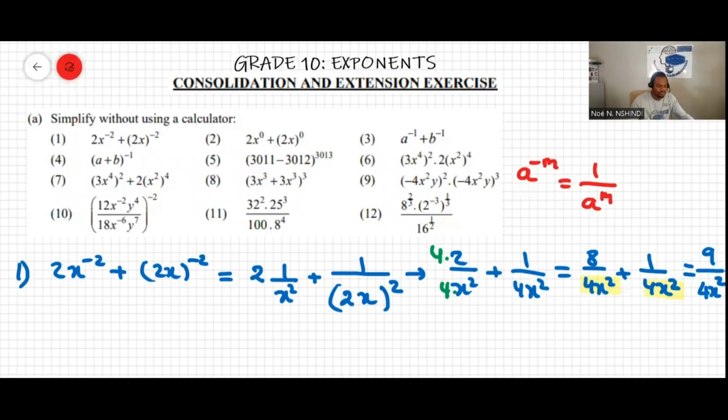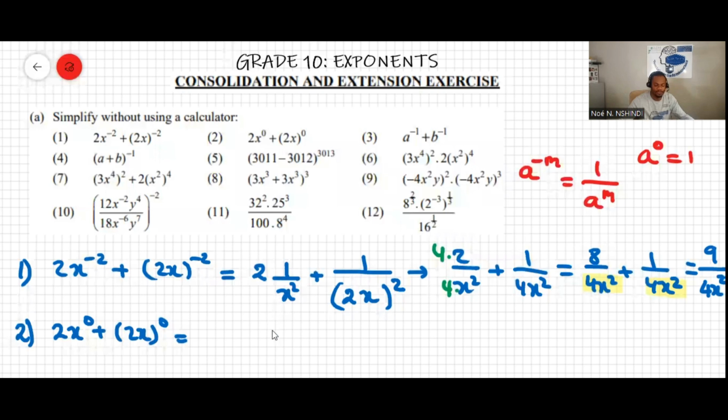Now we can do question 2. The question says 2 times x to the power of 0 plus (2x) to the power of 0 equals what? Another law of exponents I want to write here: any number raised to the power of 0 is equal to 1. That's a corollary definition of exponents.